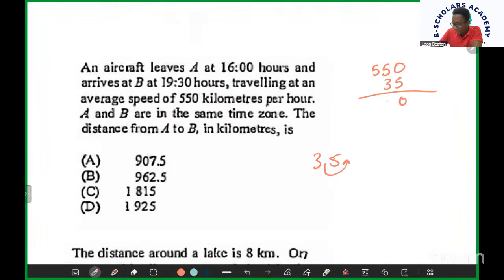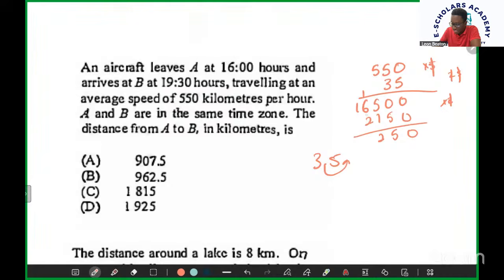Putting a 0 there, 5 times 0 is 0. 5 times 5 is 25, and 2 is 27. So 0 there, bring down the 5, add the 5. 5 and 7 is 12. Bring in a 2 there, put the 1 at the top.